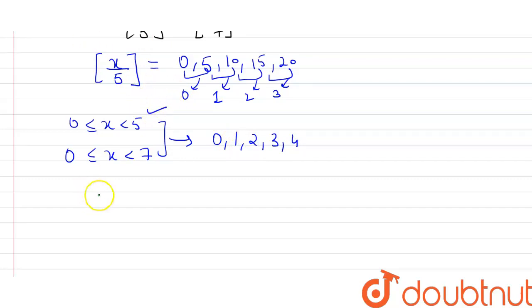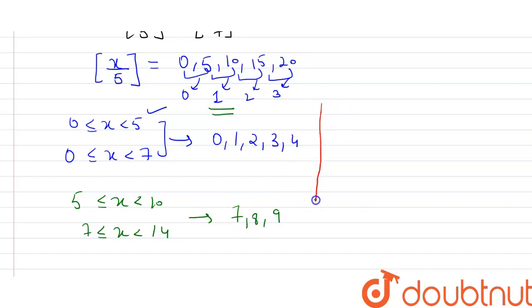Now for the value equal to 1, for x upon 5 x ranges from 5 to 10, and for x upon 7 it is from 7 to 14. The common numbers are 7, 8 and 9.